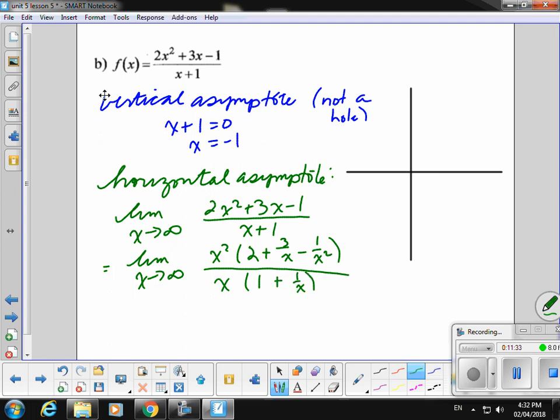We know that all of these fraction guys would approach 0 as x gets bigger and bigger. This, however, I am left with x over 1 on the top, and as x gets really, really huge, this gets closer and closer to infinity. So there is no horizontal asymptote.